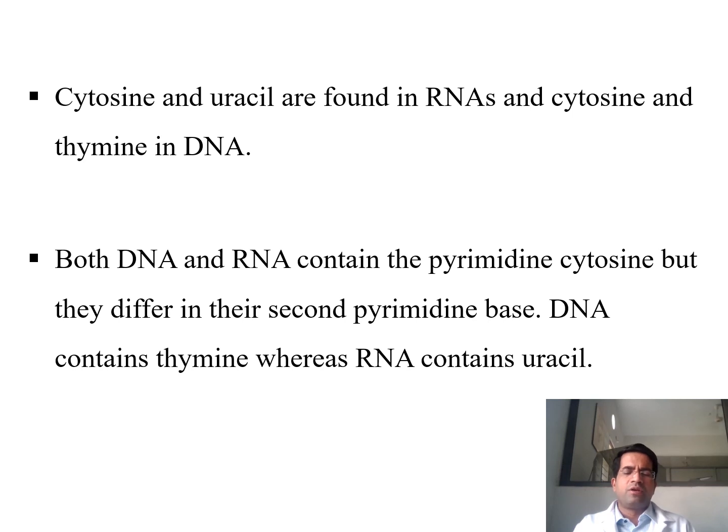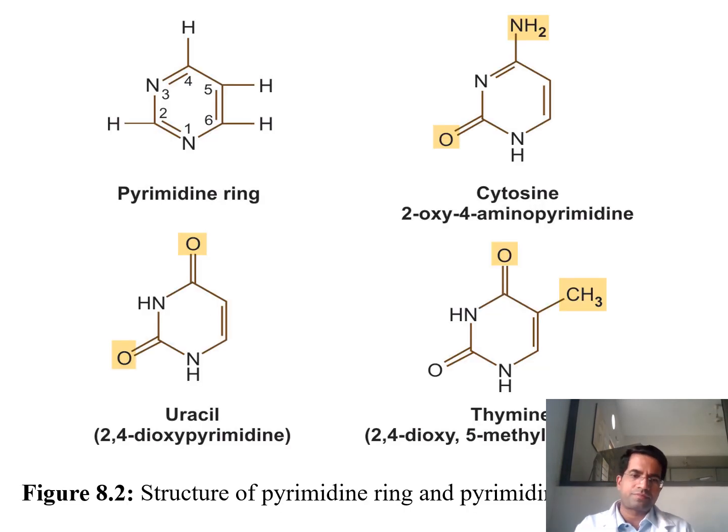So cytosine and uracil are present in RNA, and cytosine and thymine are present in DNA. Both DNA and RNA contain the pyrimidine cytosine, but they differ in their second pyrimidine base. That is, DNA contains thymine, whereas RNA contains uracil.